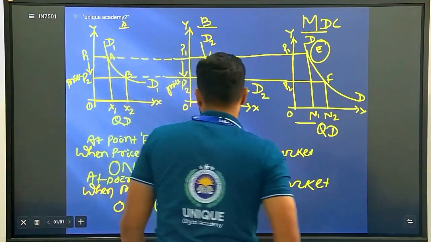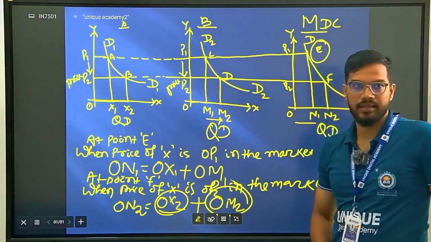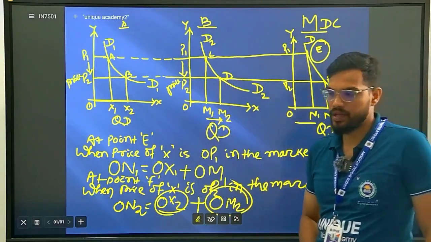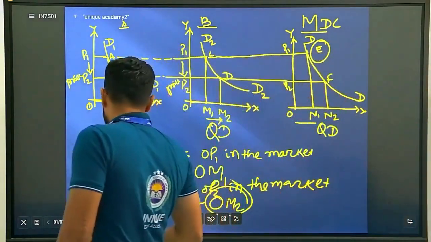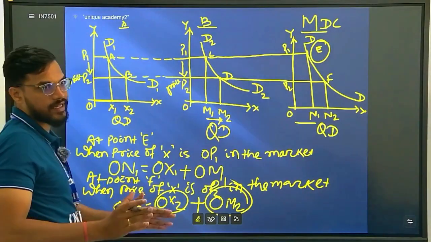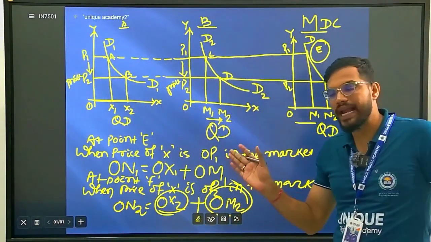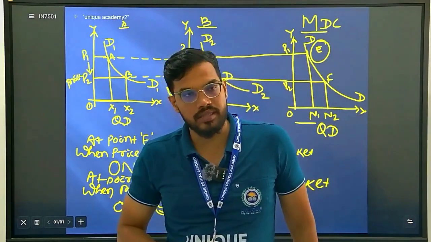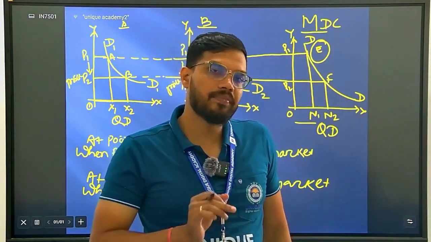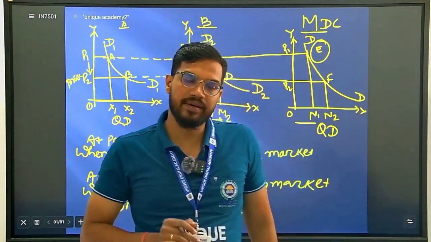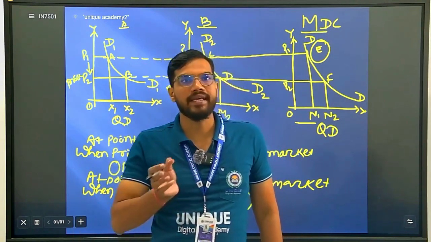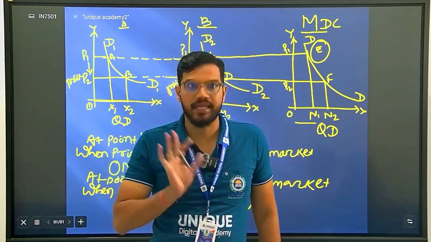So, market demand is the sum of individuals' or consumers' demand in the market, and it shows the total demand for a product at a given point of time and at a given price by the consumers in the market.